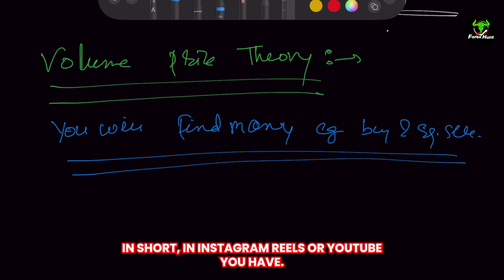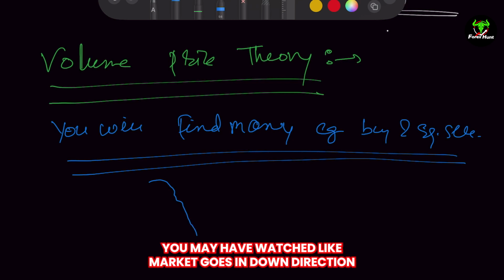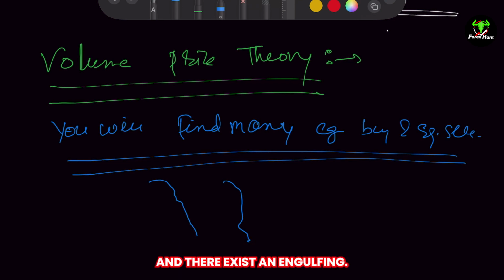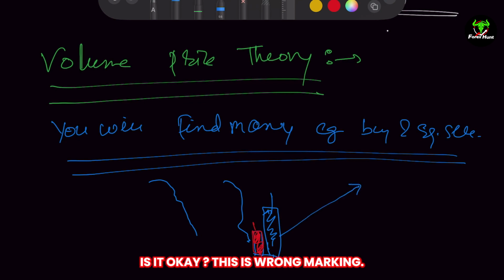In shorts, on Instagram reels or YouTube, you may have watched that the market goes in a down direction, there is a red candle like this, and a buy forms exactly there, and the market goes up like this. Okay, this is wrong marking.